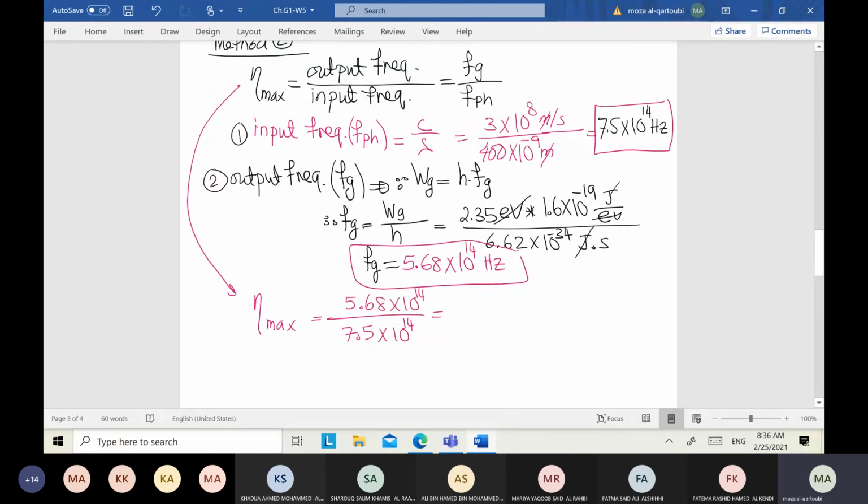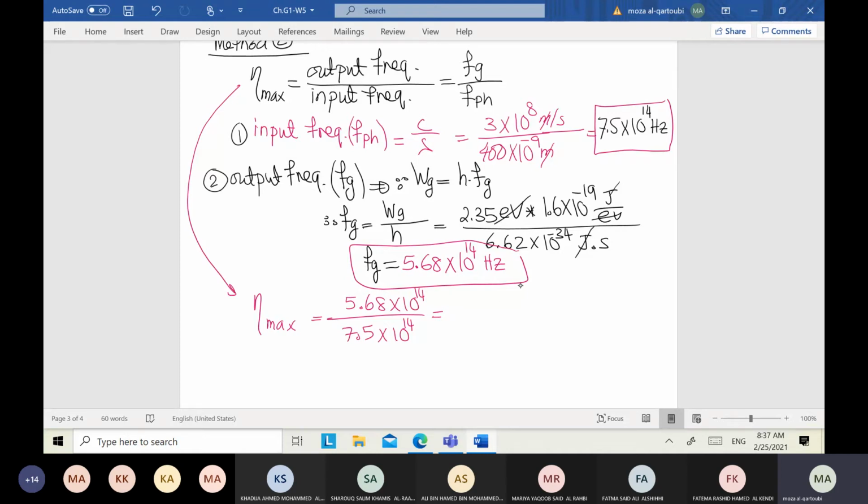We should find the same answer. If you apply frequency as input and output, or energy, and find a different value, there is a mistake in one place. So if you find a different answer, there is a mistake; it should be the same. If you're using energy, power, or frequency, any quantity of output with respect to input, you should find the same answer.